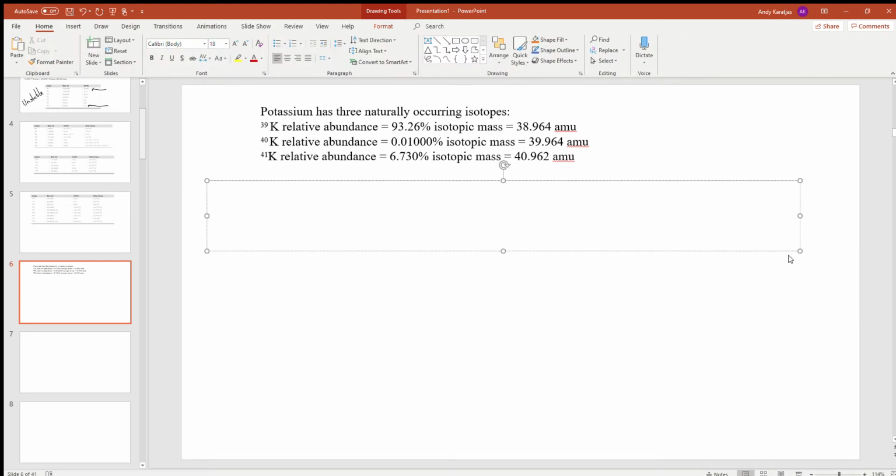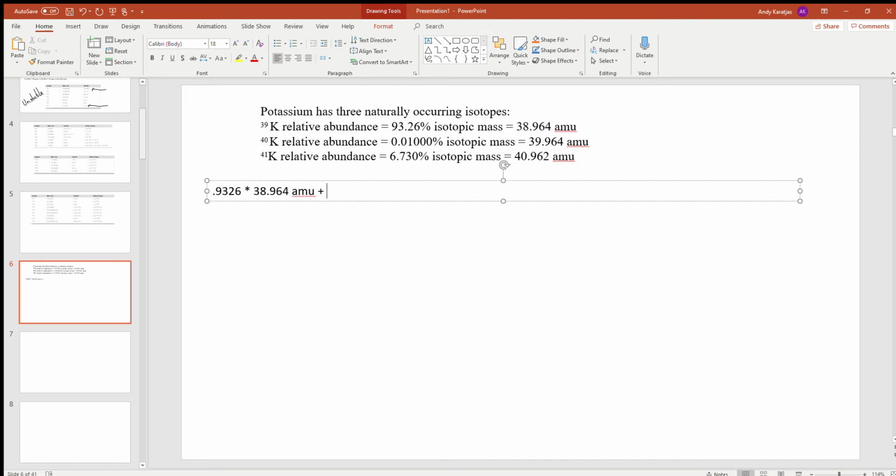We do the following. We take the percentage of the first isotope, which is 93.26%, so 0.9326, times the mass of that isotope, 38.964 AMUs.